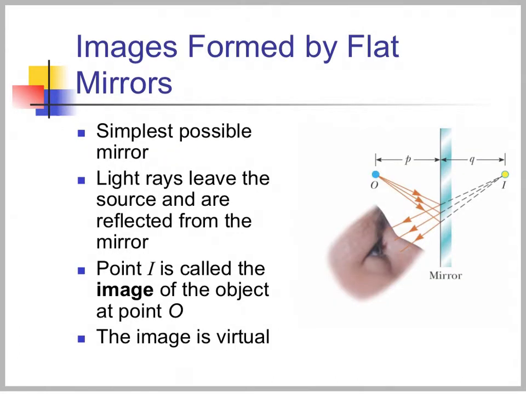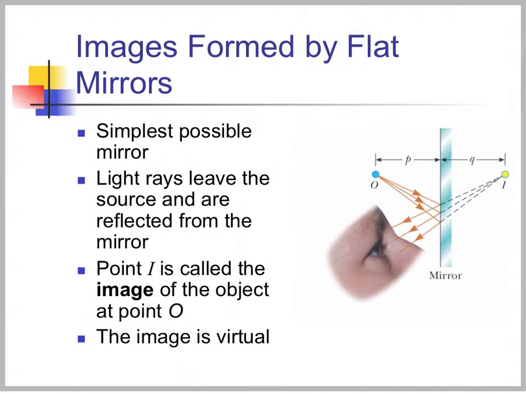So the easiest mirror to start looking at is a flat mirror. I have some object here, and I have light rays coming out of the object. As they hit the mirror, every ray is reflected following the law of reflection, so that as they come off and hit our eye, the light rays appear to have come from this point over here, the image point.